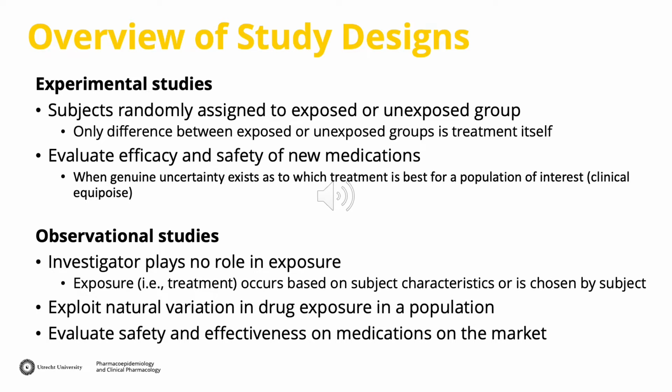So, for example, in our rofecoxib example, patients with rheumatoid arthritis have pain, and that's the indication for treatment. So when they're sitting in the doctor's office and they have pain from their rheumatoid arthritis, they won't be treated with rofecoxib anymore because it's been taken off the market, but they would have been prescribed rofecoxib or naproxen, for example.